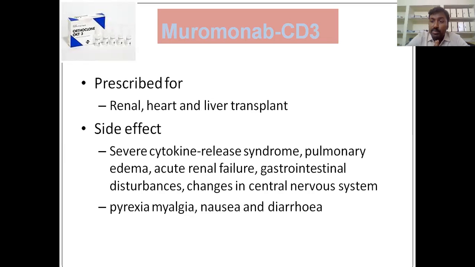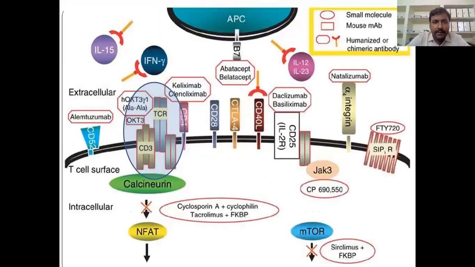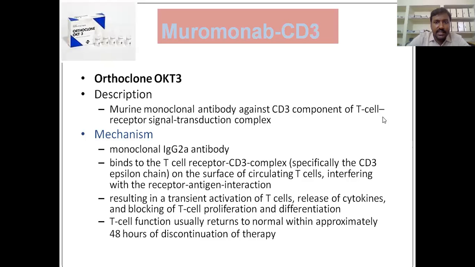That is very important, don't forget. That is the mechanism of action of this muromonab. It inhibits the receptor signal transduction complex. So the transient activation of T cells and release of these are all not happening.